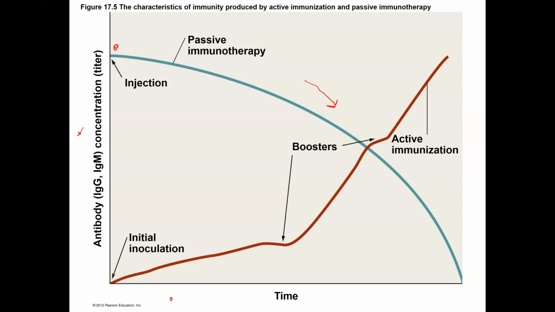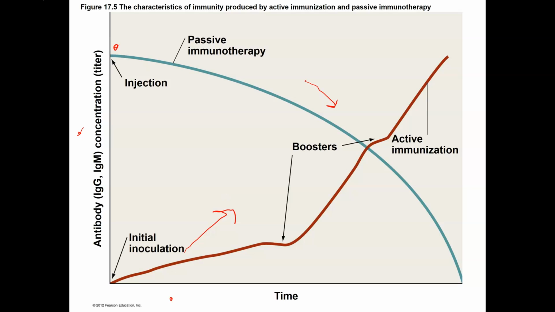Contrast that with active immunization, where an individual is exposed to the antigen and allowed to stimulate their own immune system to generate antibodies. In this case, you're going to see an increase in antibody concentration over time.